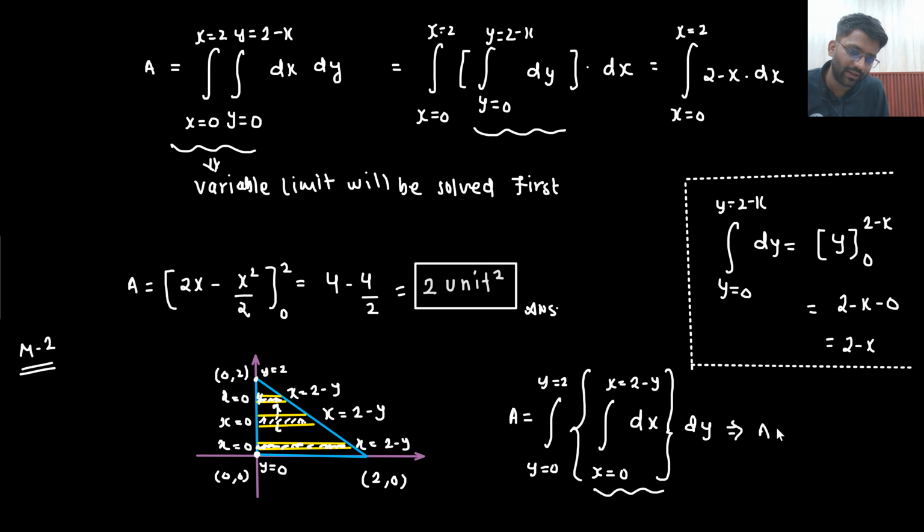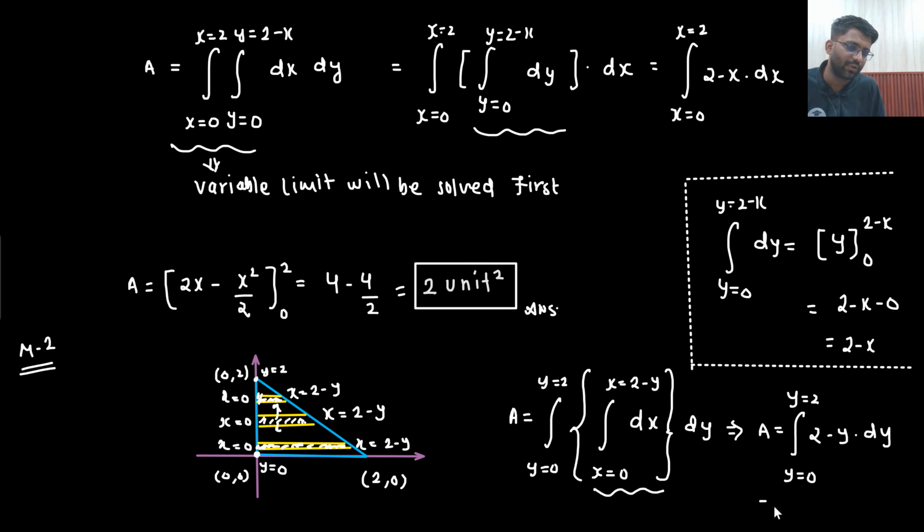So what will be the area? Area is y going from 0 to 2. Variable limit I will solve first. So integration of dx will be x only. Then in place of x you will put 2 minus y and 0. So 2 minus y minus 0. So the answer would come out to be (2 minus y) dy.